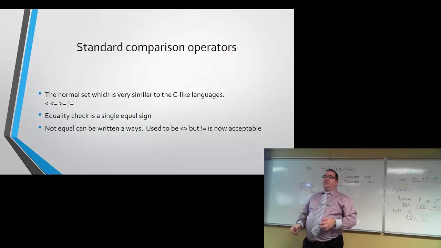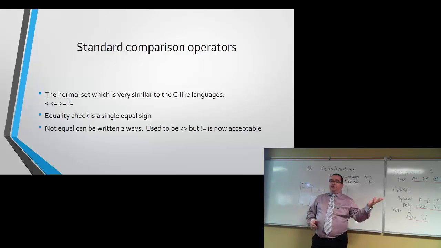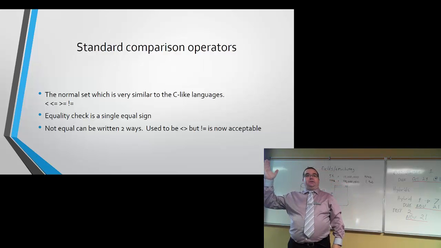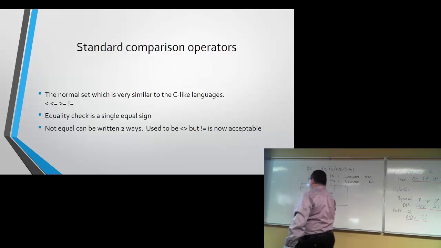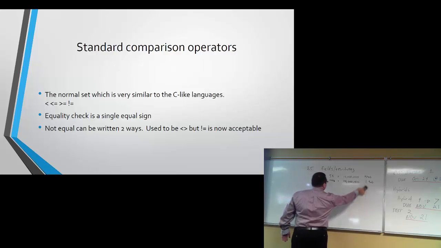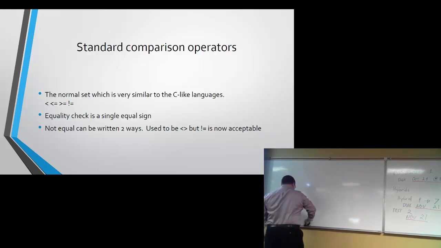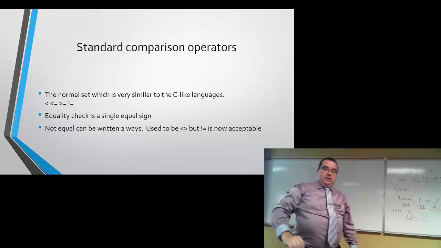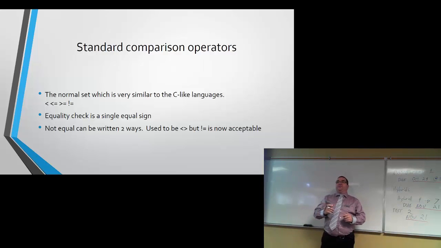The normal set is very similar to the C language for comparison operators. Less than or equal to, greater than, not equal, good old bang equal sign. Right, that's not equal. Well, if you go on the internet and you look for examples for SQL, often somewhere where something is not equal to, you'll see the old style operators.